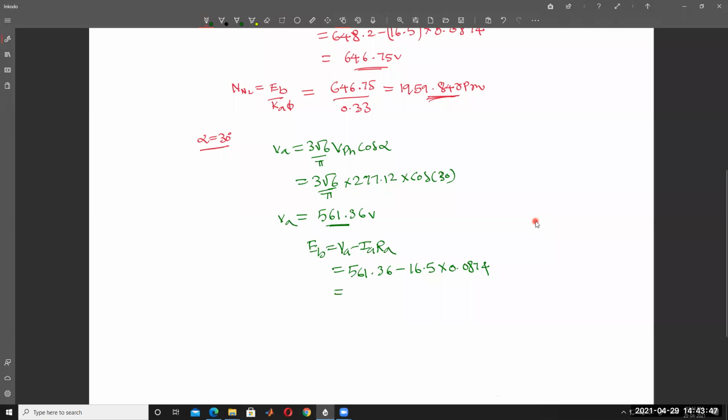So this is equal to 559.91 volts. This is called EB, not VA.